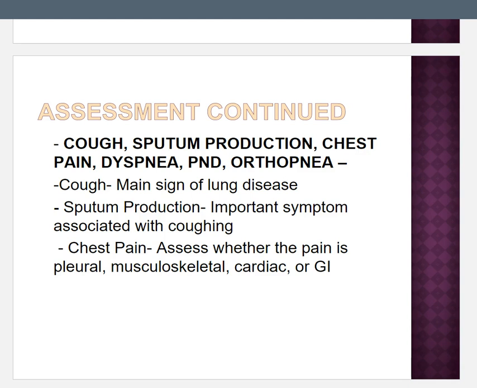And we want to really get to the nitty-gritty of what this cough is all about.